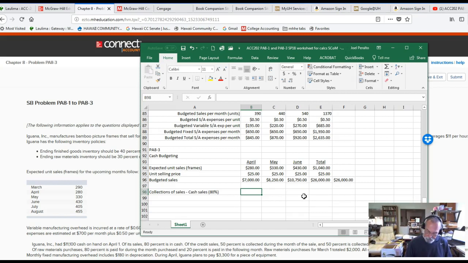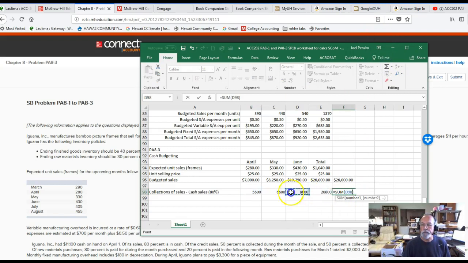So if we take our sales multiplied by 0.8, that should be the amount of cash sales collected. And again, let's show a check figure over there on the right.